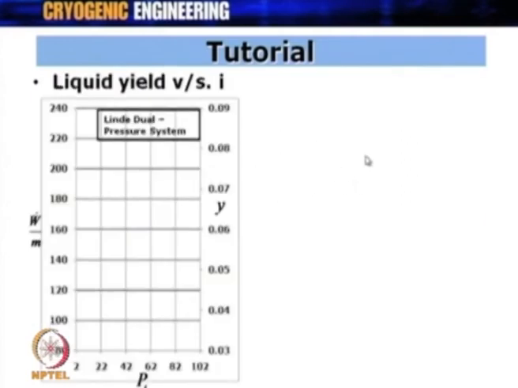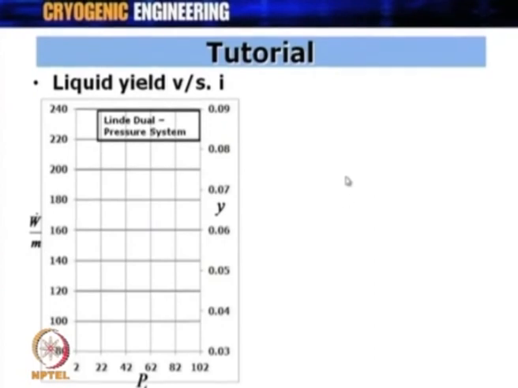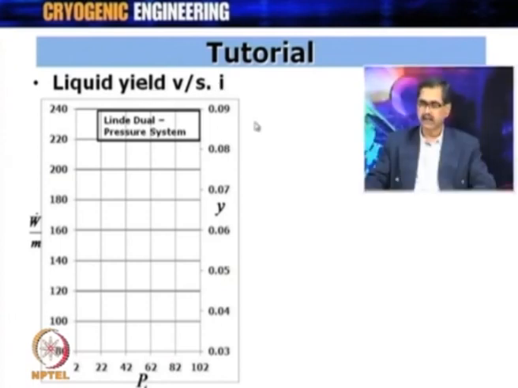So, let us now try to plot the tables I have just shown you graphically, and therefore the understanding will be much better. So, the first graph we will plot is liquid yield y versus I. What I am showing here are the two axes. On the left side you have w by m dot, and on the right side you have y.